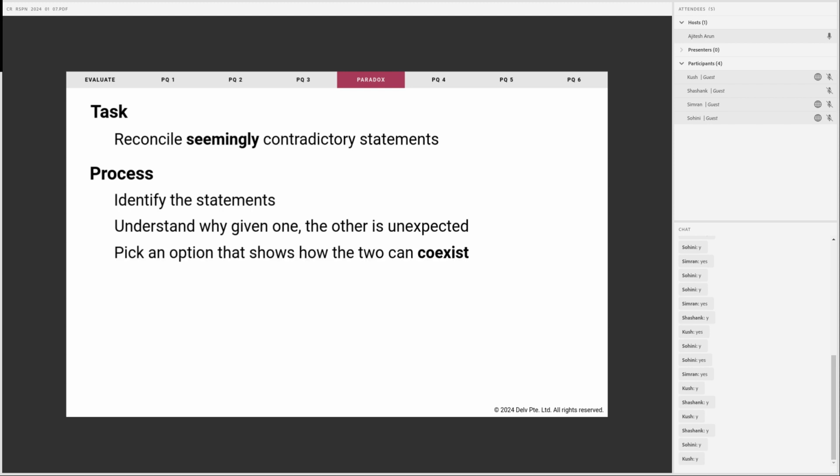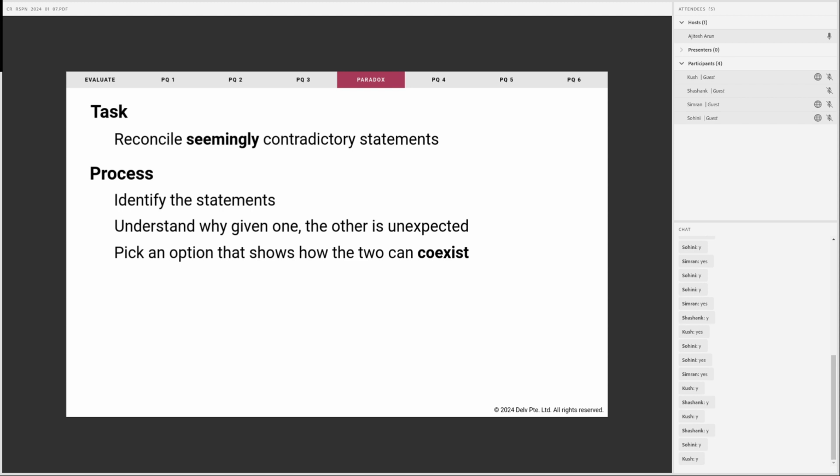And then pick an option that shows how the two can coexist. So, how is it possible that two seemingly contradictory statements can both be true at the same time? That's the task. So, your task is to resolve the paradox. There's a paradox, two things that are seemingly contradictory. You need to show how they can both be happening or true at the same time.